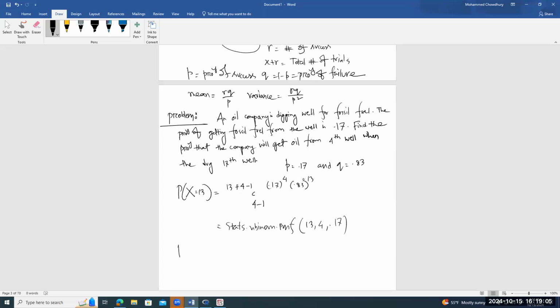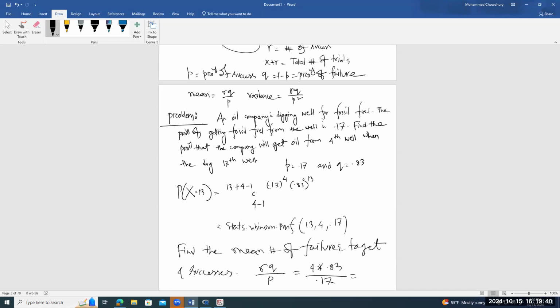So find the mean number of failures to get four successes, which is rq over p. R equal to 4, q equal to 0.83, p equal to 0.17. Mean number of failures.